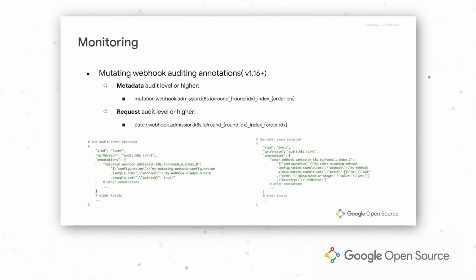For the audit level metadata or higher, an annotation with the key mutation.webhook.admission.kubernetes.io/round, with round index and order index, gets logged with a JSON payload indicating a webhook got invoked for a given request and whether it mutates the object or not.